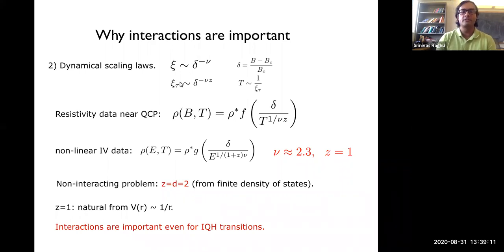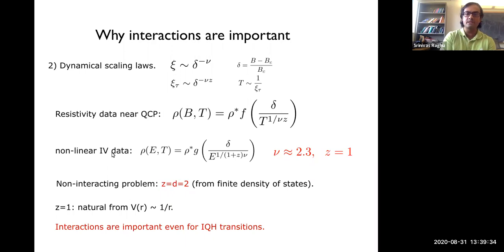Associated with this length scale is a diverging time scale, which has an exponent in addition to nu, the dynamical scaling exponent z. Both of these exponents can be obtained from looking at the magnetic field and temperature dependence of the resistivity, which gives you the product nu times z, as well as the nonlinear IV characteristics, which can give you nu independently from z.